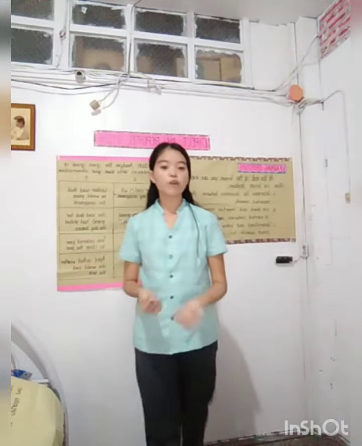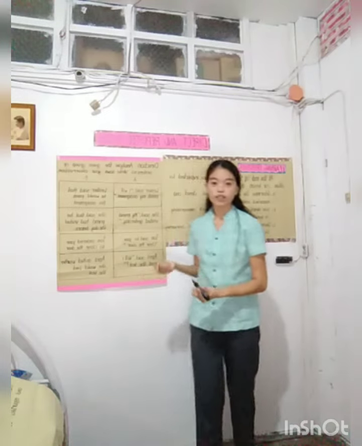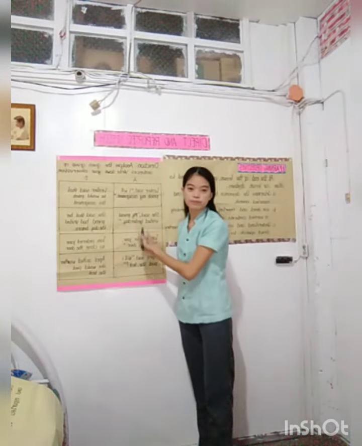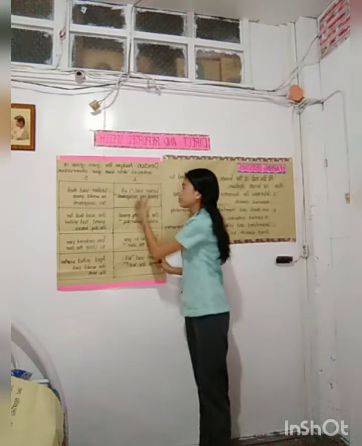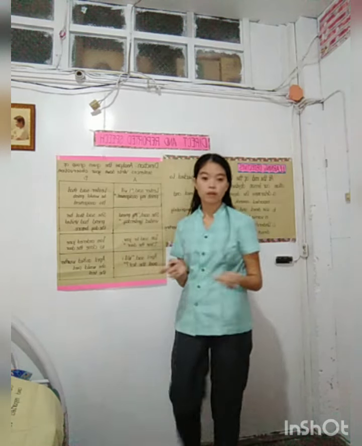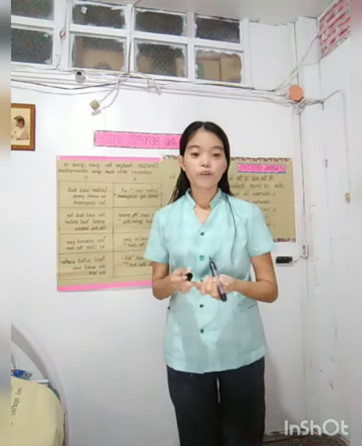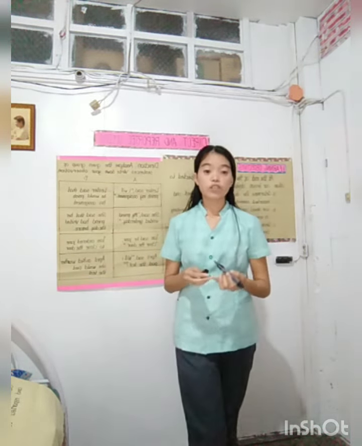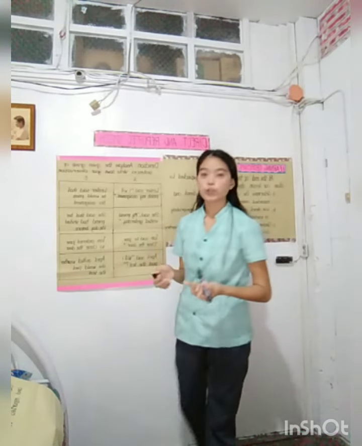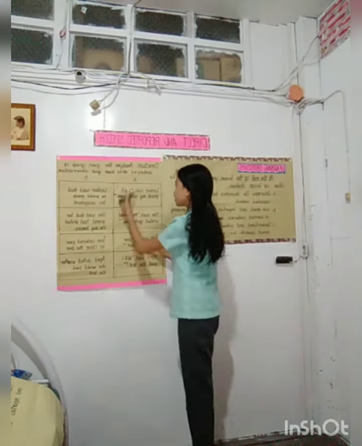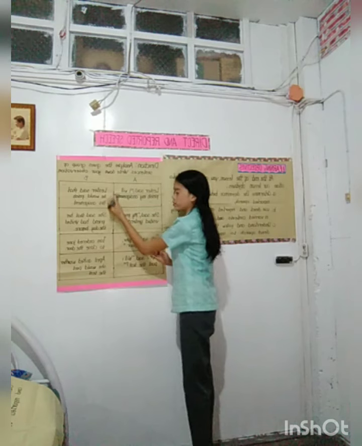Okay, very good. Your observation is absolutely correct. The group of sentences on the left side are the direct dialogues of the speakers with quotation marks. As you observe, these sentences have quotation marks.